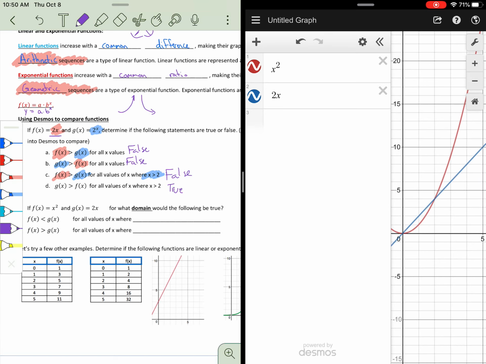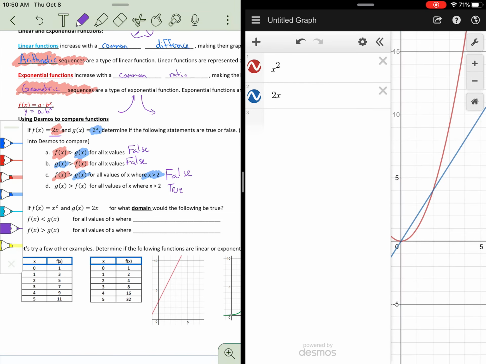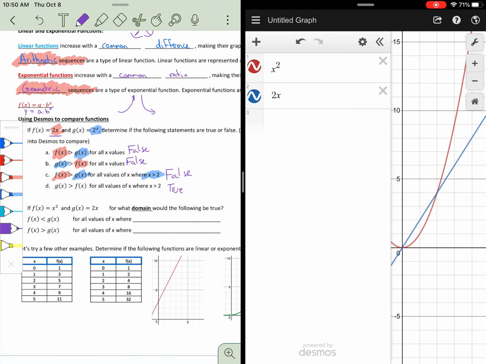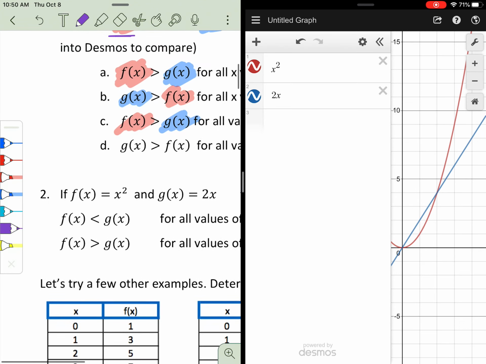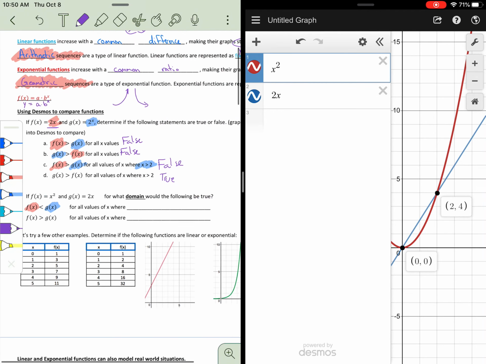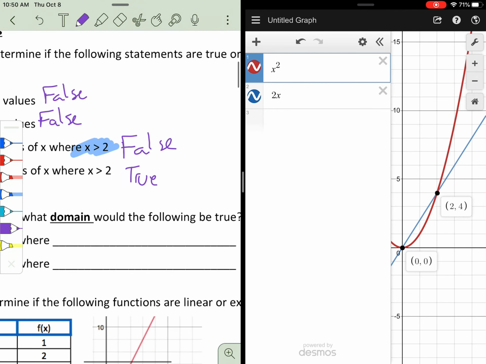It wants to know where this would be true: where is the red graph less than the blue graph? If I'm looking at this, the red graph is on the bottom between the x values of 0 and 2. At 0 and 2, though, it's not included, because they're the exact same there.